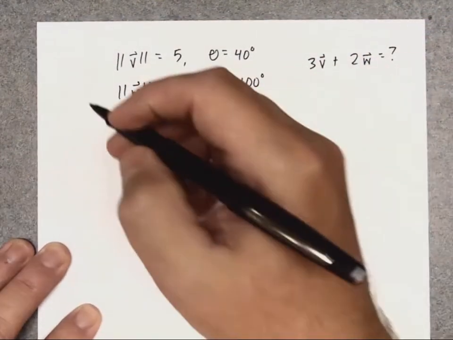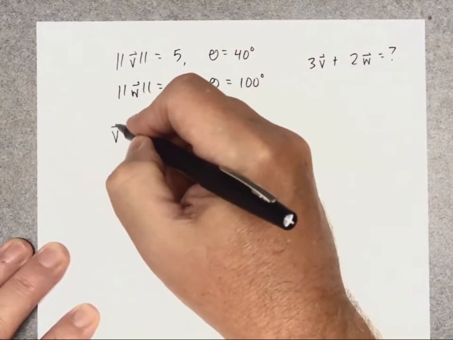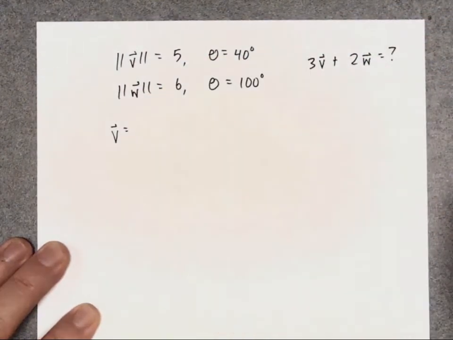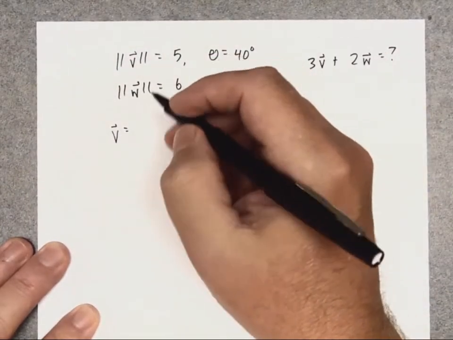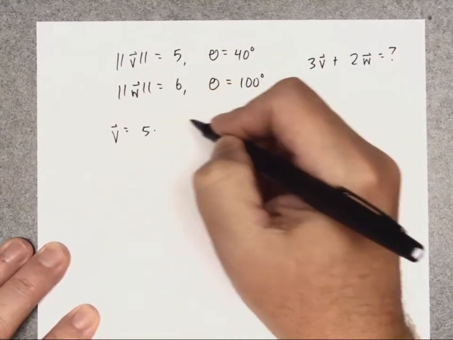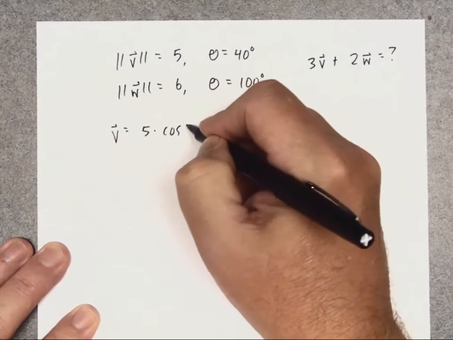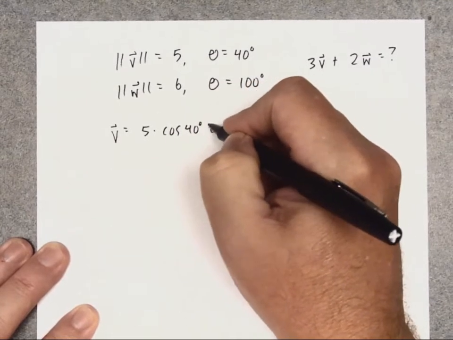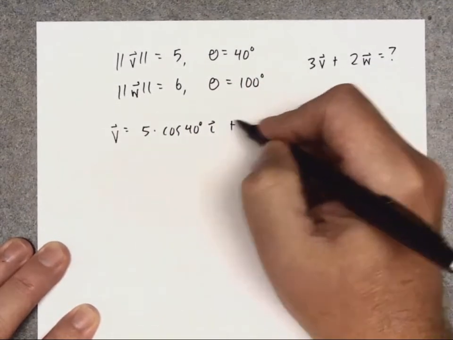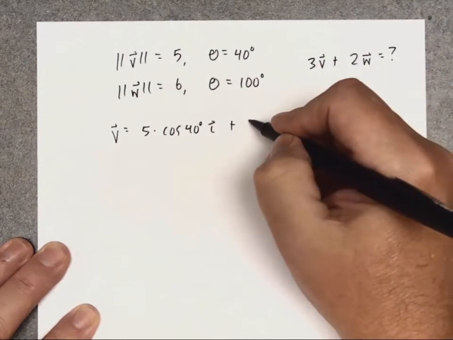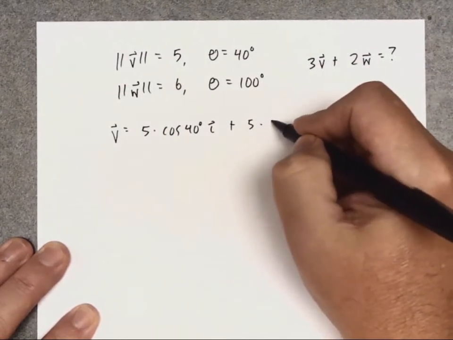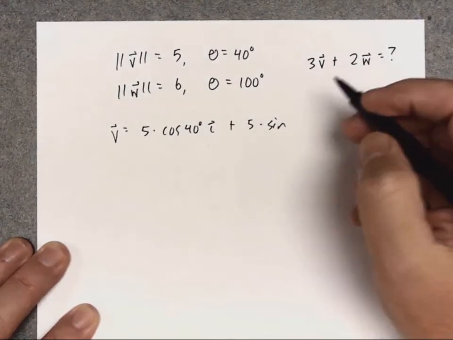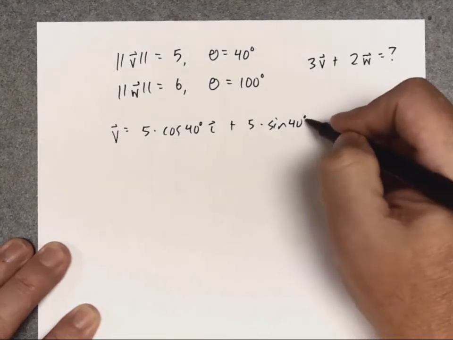So let's write vector v in ij form. We know how to do that, right? You take the magnitude times the cosine of the angle. That's the i part. So this is all for vector v. Then the magnitude times the sine of the angle.